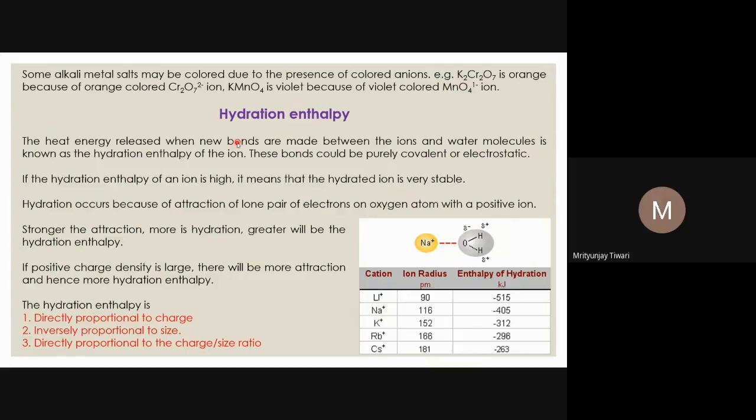Hydration could be for any molecule, even covalent ones. If you put ammonia in water, some water molecules surround it, and that little energy released is also hydration energy, but for a neutral molecule it is very small in magnitude in comparison to any ion. So this is how hydration enthalpy is defined.